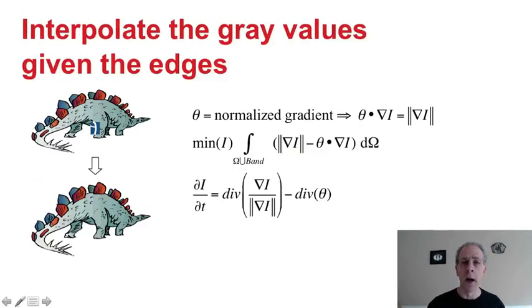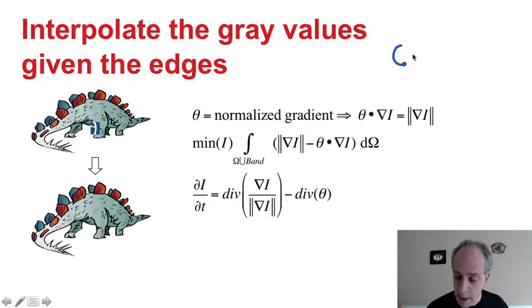Now, let us start by assuming that somebody came and already told us the boundaries. Somebody basically said, hey, I don't know really what's happening there, but here are the boundaries. I'm going to extend them for you. And it has given us the normalized gradient at every single pixel inside the region that we need to inpaint.